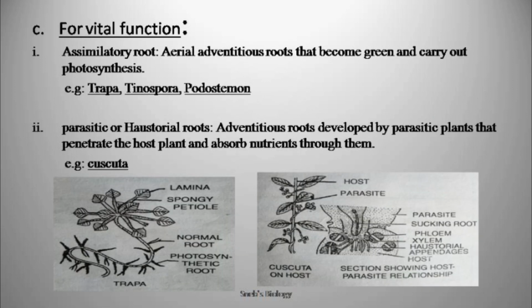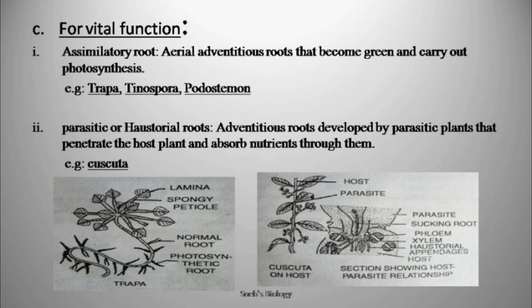Modification for vital functions. So first, assimilatory roots. Assimilatory roots means the roots perform photosynthesis. So they have a green pigment to absorb light, that is chlorophyll. As these roots absorb light, these roots should be above the ground.